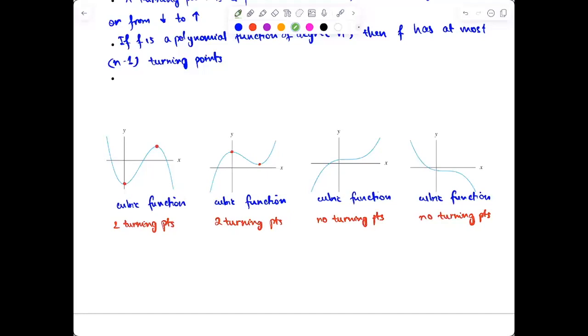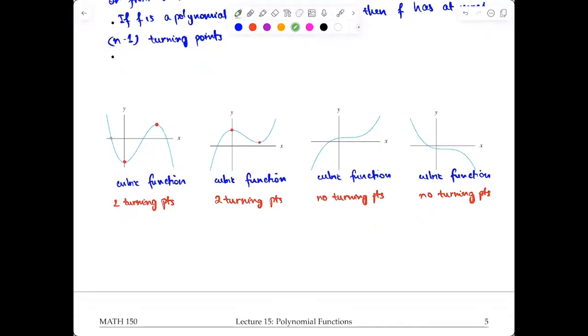So therefore, there are 3 solutions. Here 1, 2, and 3. So a cubic function is a polynomial function of degree 3, with 3 solutions in this case.